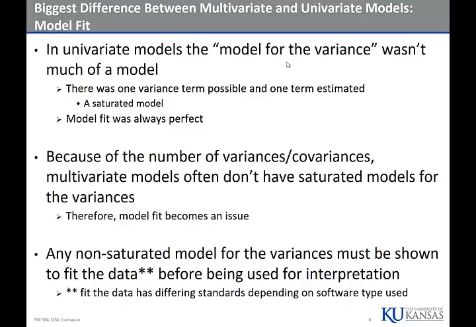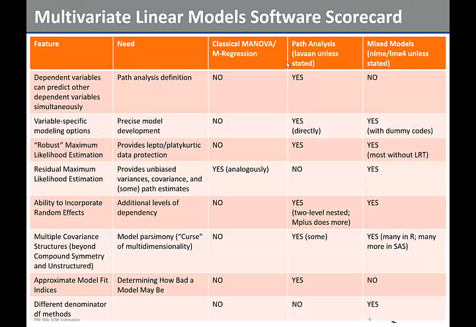By the way, the word saturated means estimate everything that's possible. So if we have two variables, there are two variances and the covariance. That's a saturated model. We have to show that our model fits just as well as the saturated model itself, and that double star there means the fit. What model fit means varies widely depending on which field you're in, which field publishes the paper.